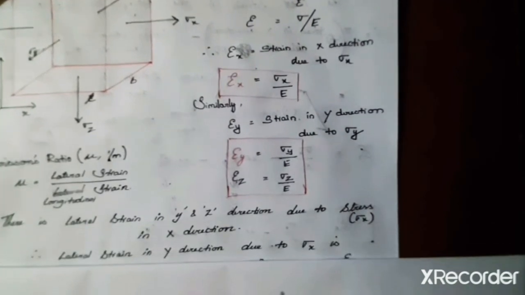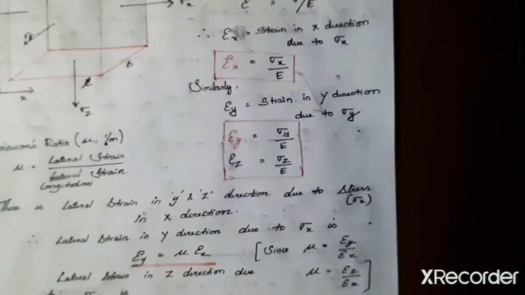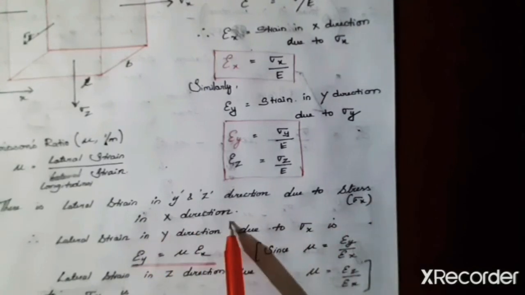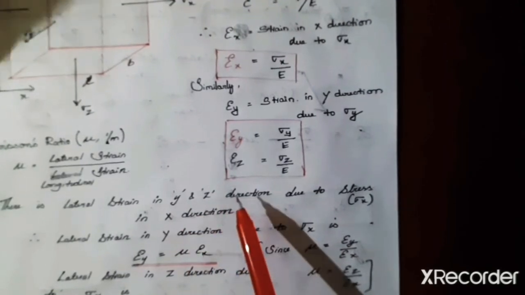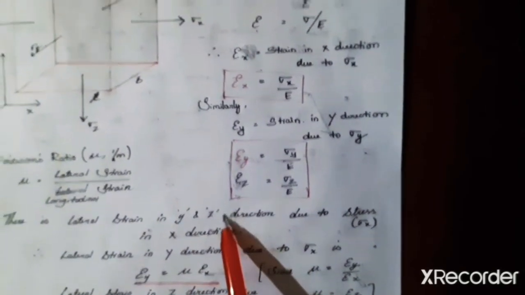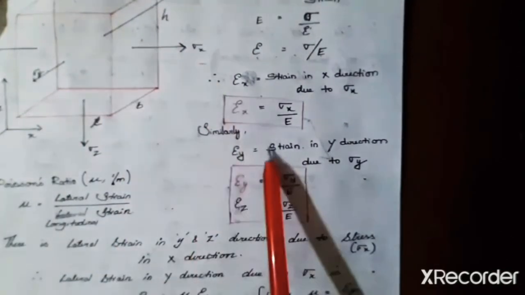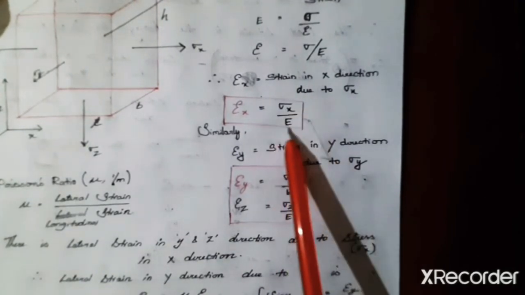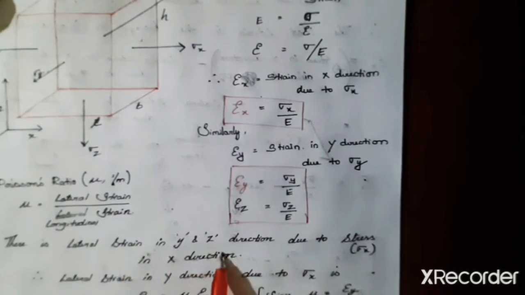So now there is a lateral strain in y and z direction due to stress in x direction, isn't it? Right. So as sigma x is acting in the x direction, there is a longitudinal strain of sigma x by E. And at the same time, along with this longitudinal strain in x direction, there is also a lateral strain in y and z directions.